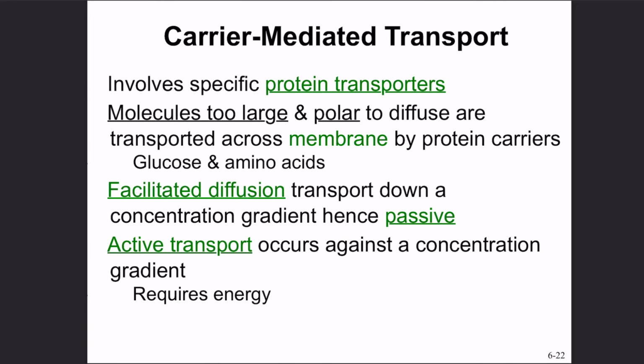Mediated transport is a type of facilitated diffusion where it requires protein transporters, and this is to assist molecules that are too big or too polar to diffuse across the membrane themselves. So this can include some amino acids, the polar ones, and glucose.